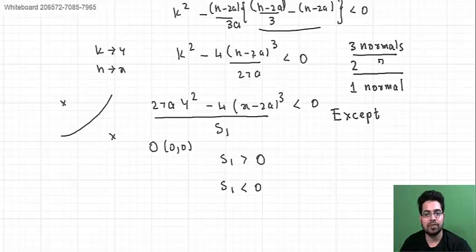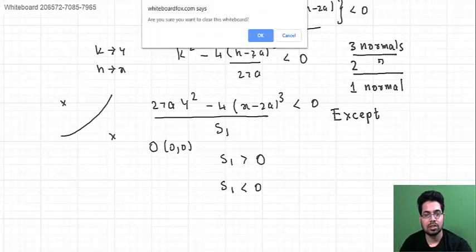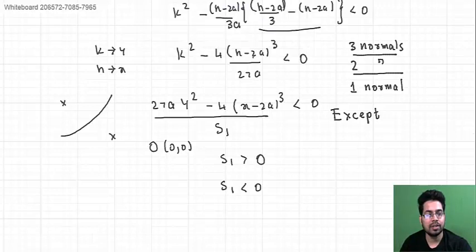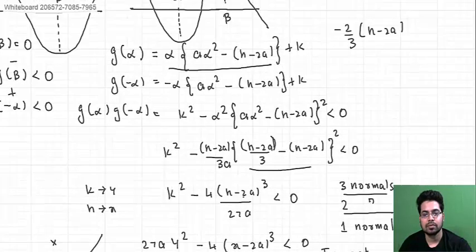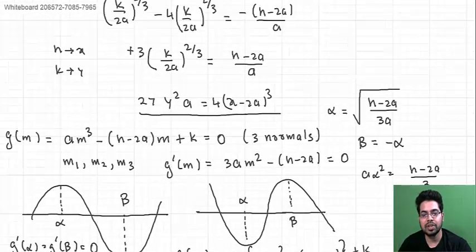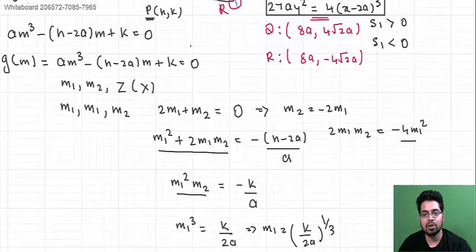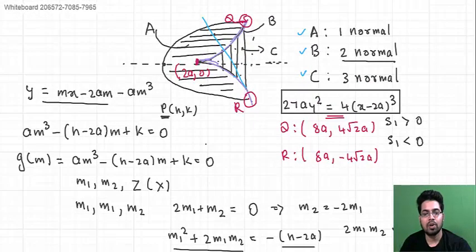So the left out region would be the region from where we can draw 1 normal.